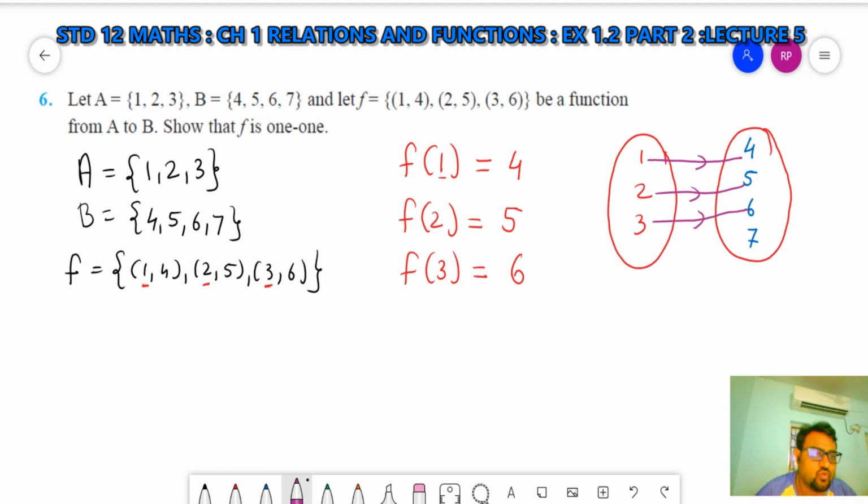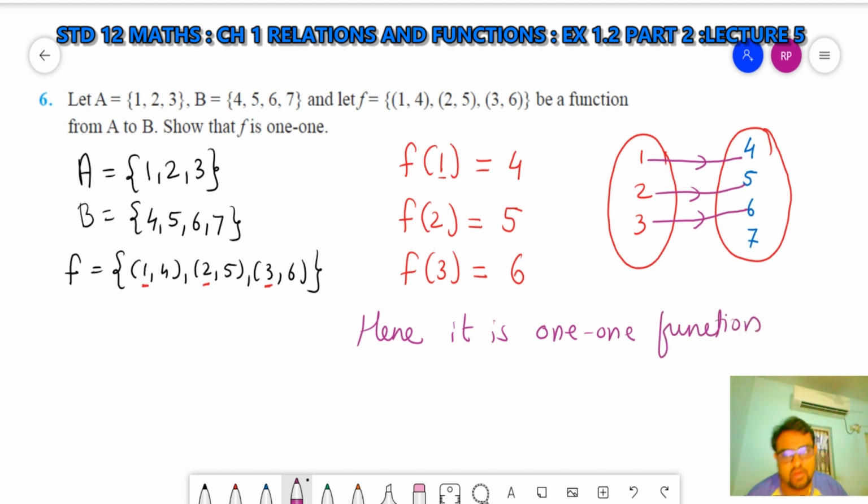See, 1-1. You can clearly see this is a 1-1 function. Hence, it is a 1-1 function. Clear? Okay, so this was about question number 6.